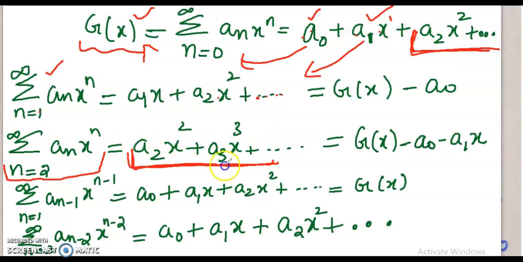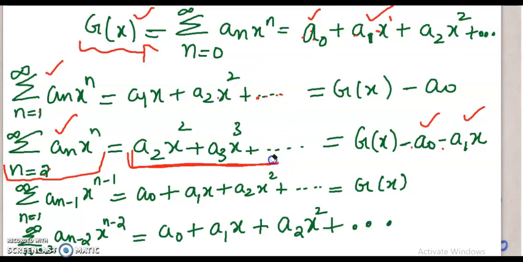So when you come across some equation like this, if it starts with 2, you have to subtract two terms of the generating function, minus a0 minus a1x. Okay. So if it starts with 3, you have to subtract one more term, minus a2x square. Likewise, you have to remember how to apply this concept, that is generating function here.